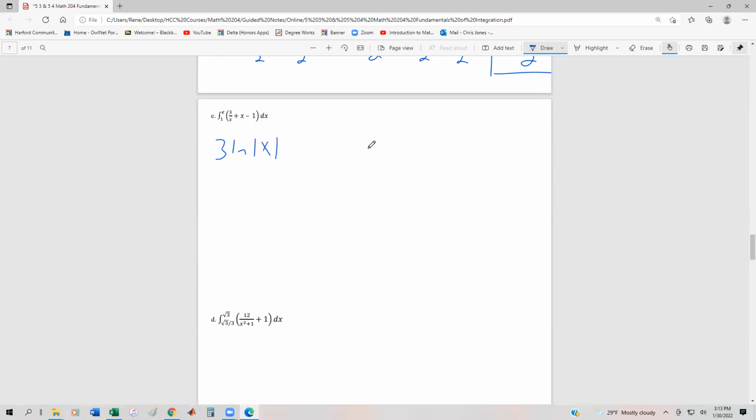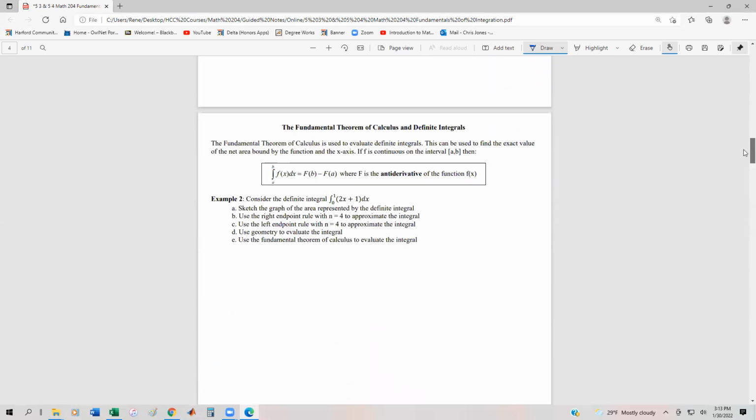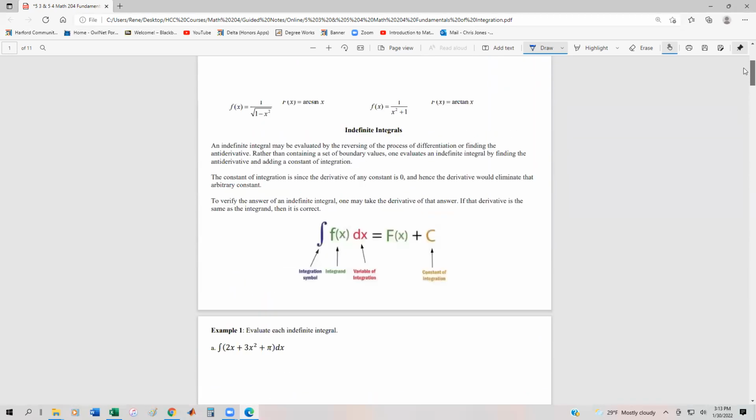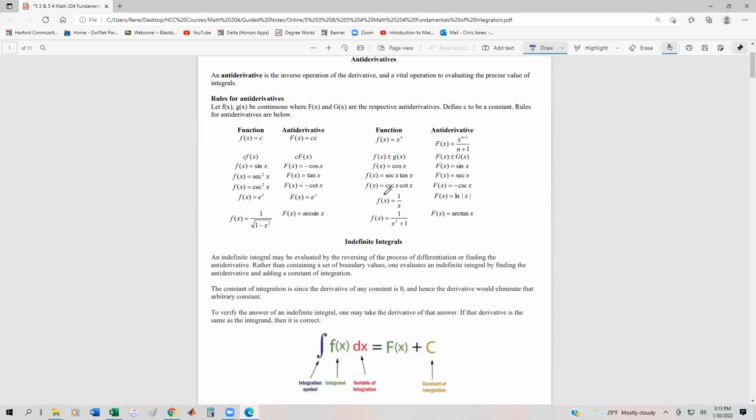We know that the integral of 1 over x is natural log of x. And again, it's helpful to have this list of basic antiderivatives. If you have 1 over x, it's natural log of x. Since we had 3 in the numerator, we just multiply it by 3. So just be cognizant of that.